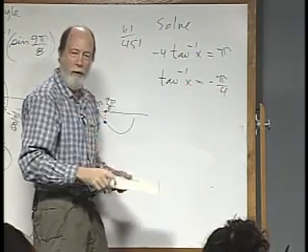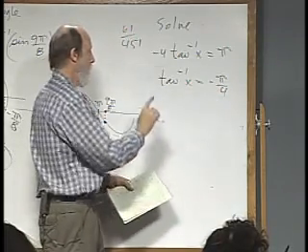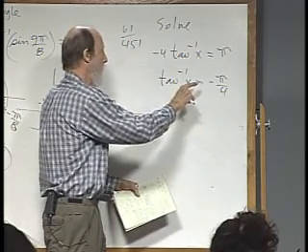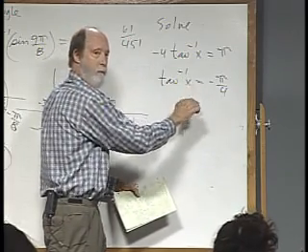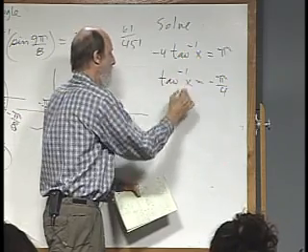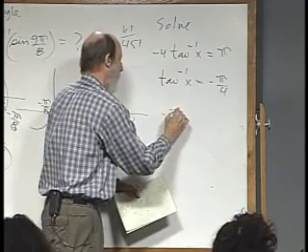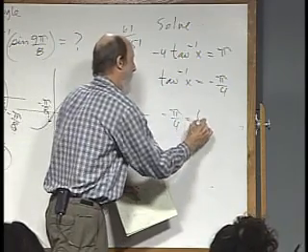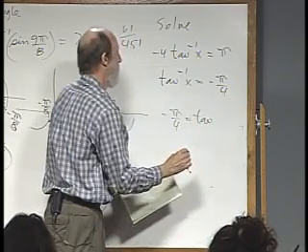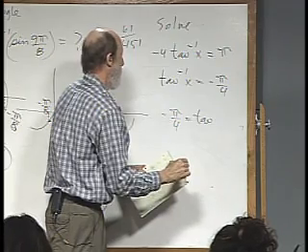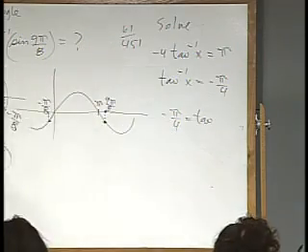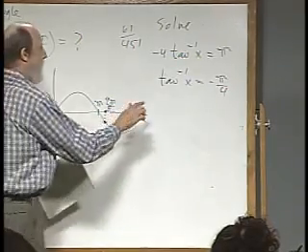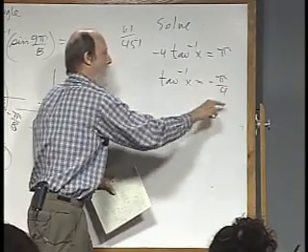And here's the little trick I wanted to point out to you, is if you ever have trouble with these inverse functions, what you can do is rewrite this statement. Because the angle is -π/4, and it happens to have a tangent. I'm sorry. I wrote that wrong. The angle is π/4.